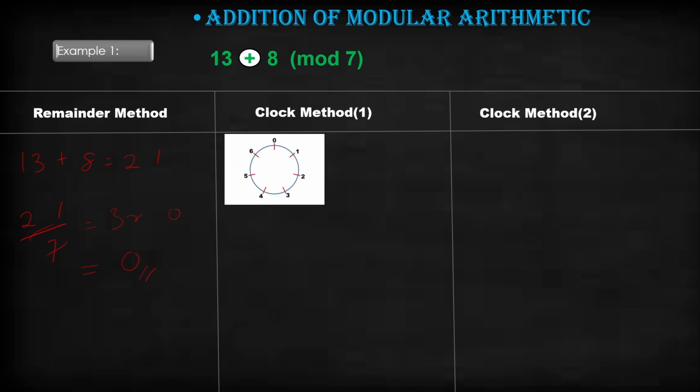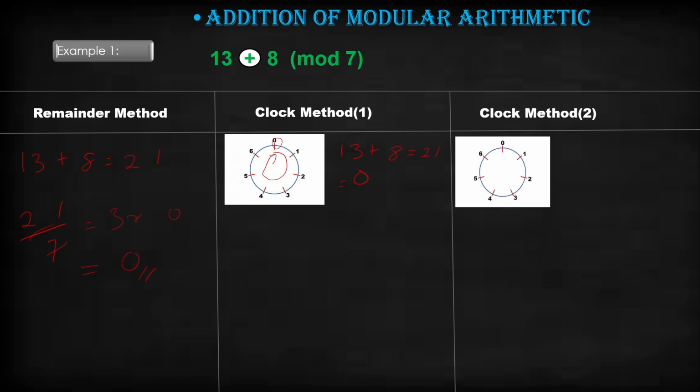For clock method 1, we'll draw a clock depending on our mode. Then we add 13 and 8, which is 21, as we got here. When we want to find 21, you go around the clock 3 times: 7, 14, 21. So we land and stop at 0, so our answer is 0. For clock method 2, we find the value of our two values, which are 13 and 8.